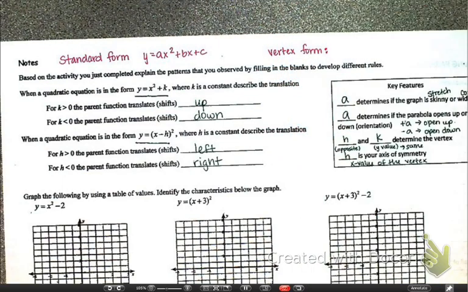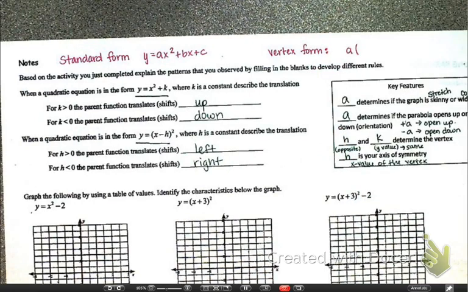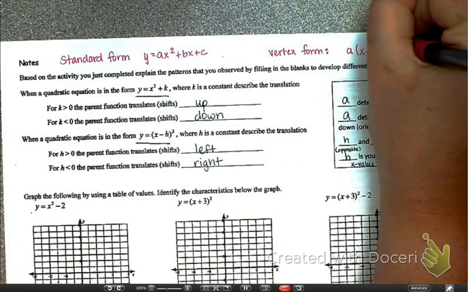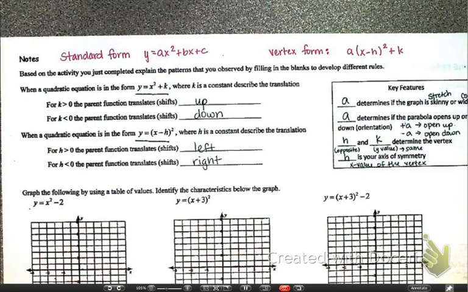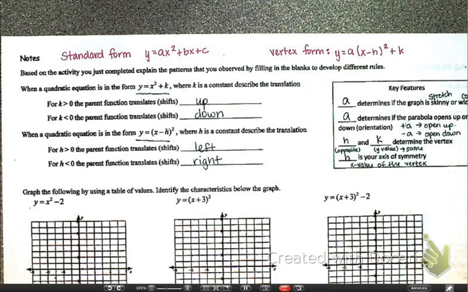And vertex form is a times x minus h squared plus k. I should probably put y equals. So y equals a times x minus h squared plus k.